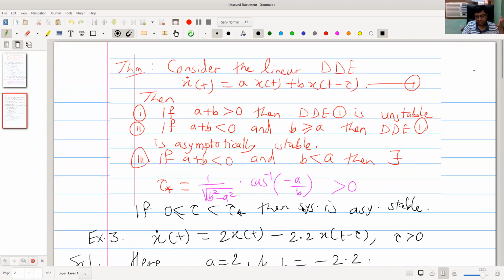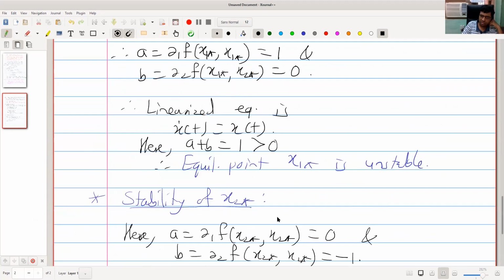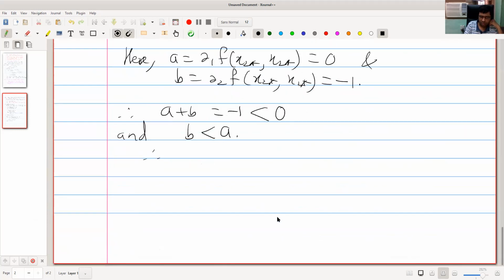So there exists some critical value tau star. Therefore tau star is 1 upon square root of b square minus a square, into cos inverse of minus a upon b.